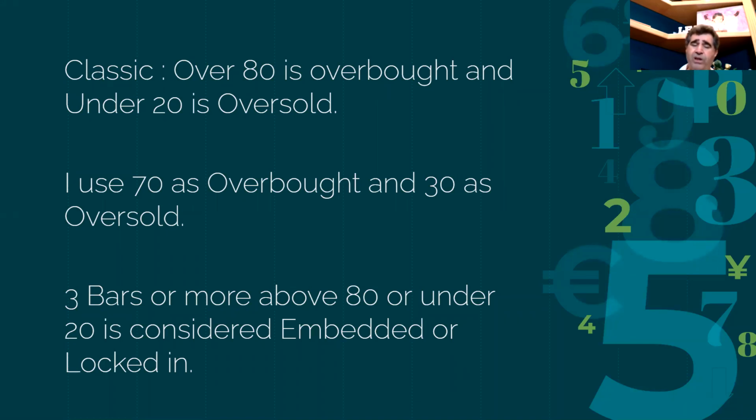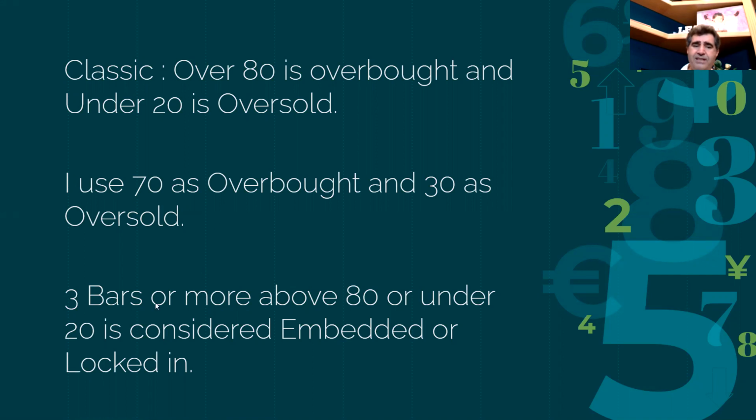Another thing is I use the 70. That tells me that if you were planning on getting into that position, if it's 70 and more, you better think again. You're overbought, so there's a good chance of a reversion to the mean, and that's why it's not a wise move to get in when the stochastics is at 70.